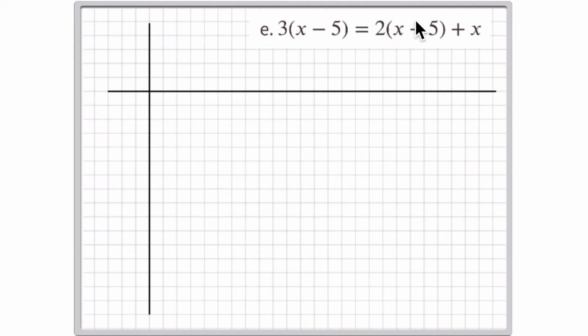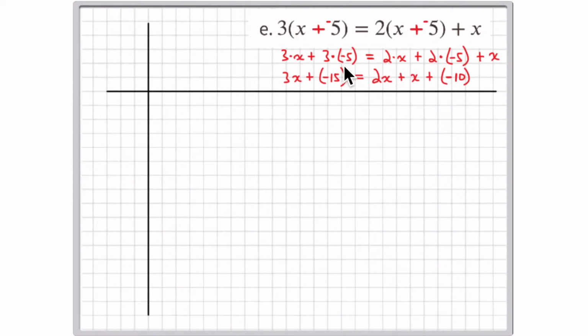But this is going to be plus a negative 10. 2 times negative 5 is negative 10. So these are going to be different expressions on each side. And so if I separate them out and write a linear equation for each, I'm going to get parallel lines. They have the same slope, but they cross the y-axis at different points.